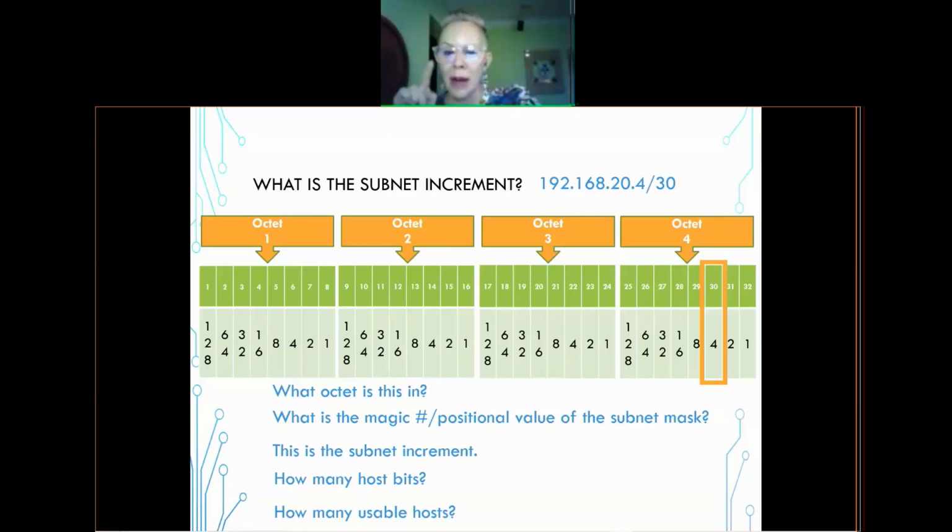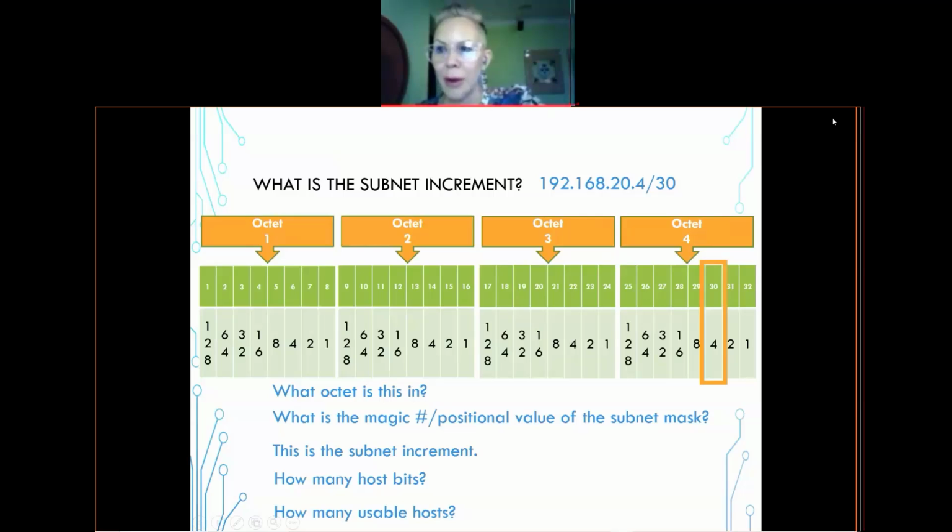Okay, so if I have a /30, how many total host bits do I have? Right, I have 2 bits. So then how many actual usable addresses would I be able to get from a /30? 2.